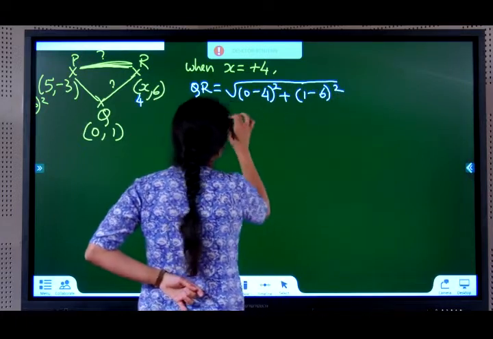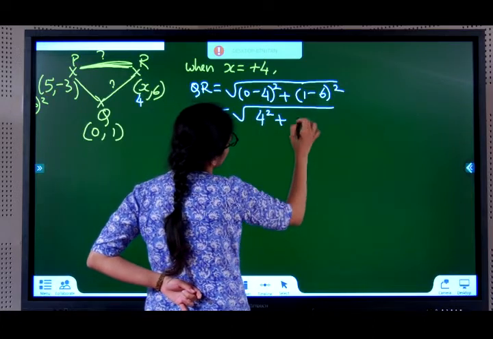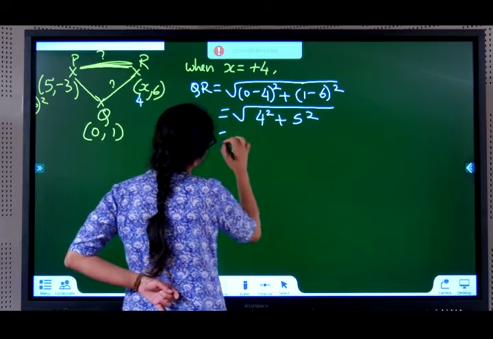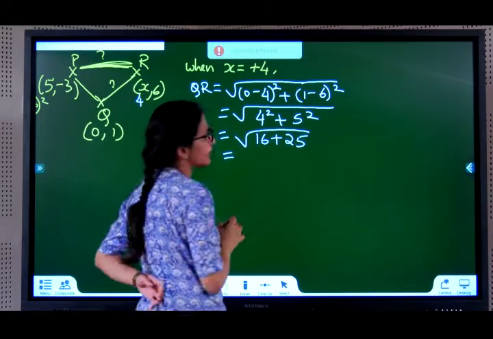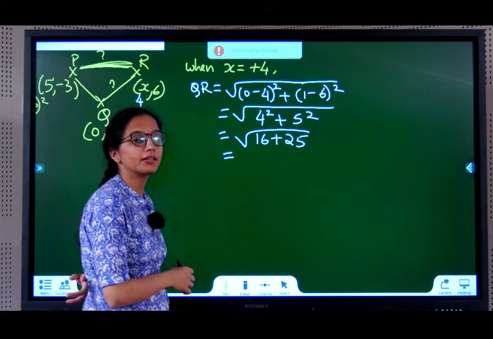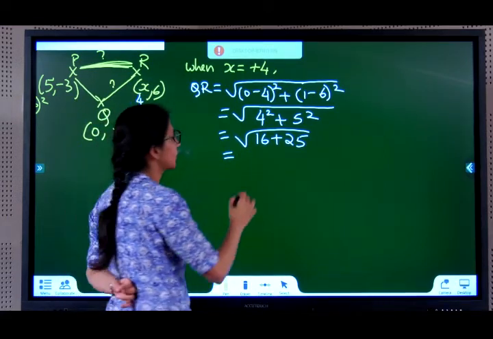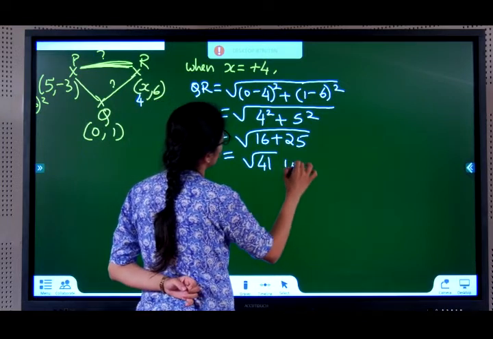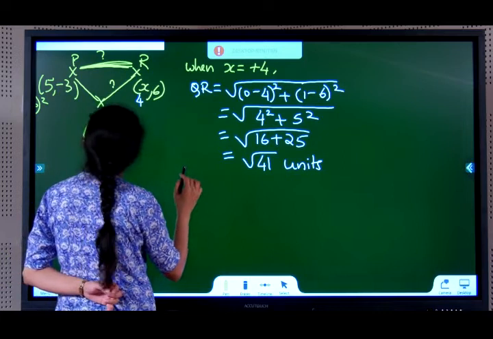That is root of 4 square plus (1 minus 6), that is minus 5, square. Root of 16 plus 25. 16 plus 20, 25 plus 10, 35, 35 plus 6, 41. Root 41 units.